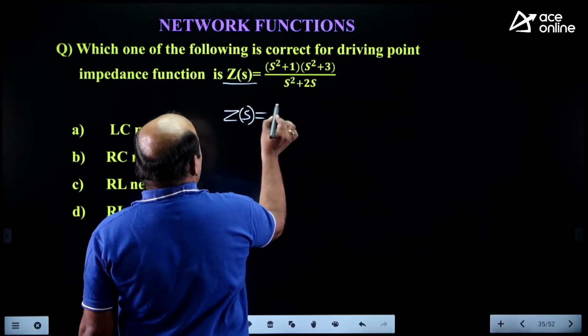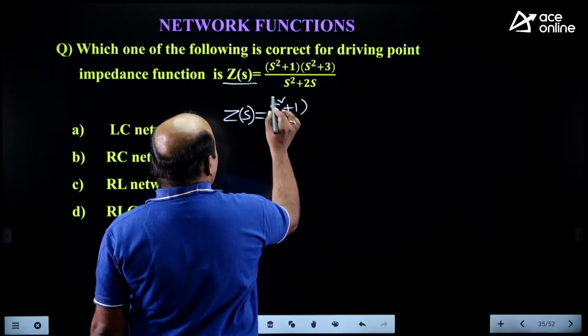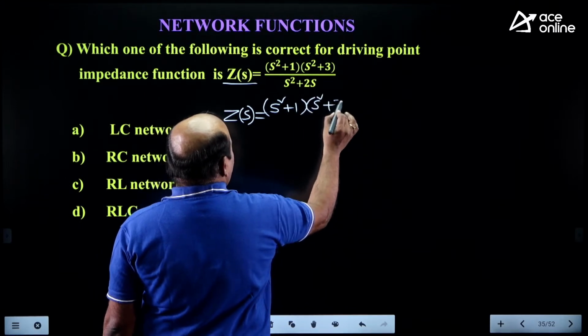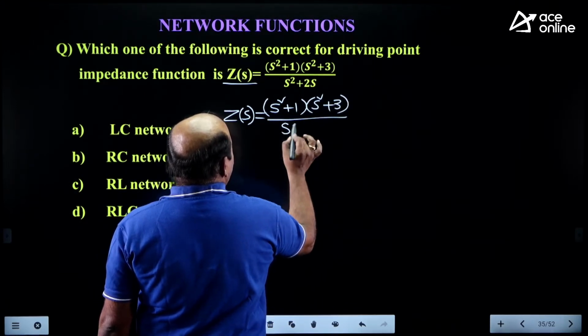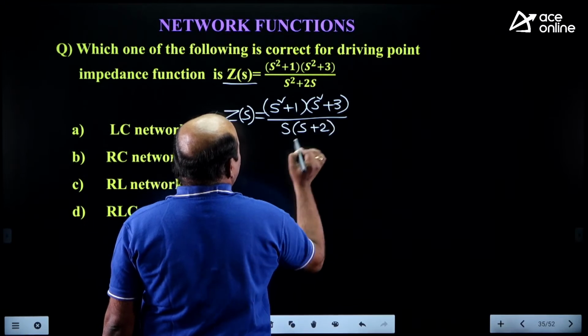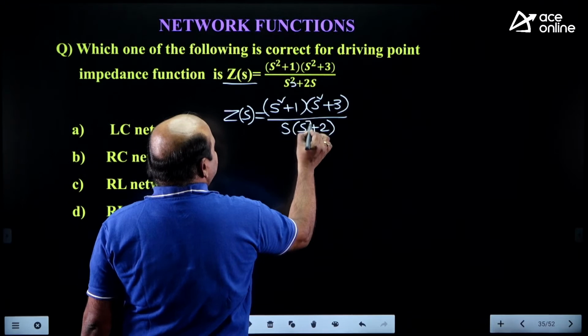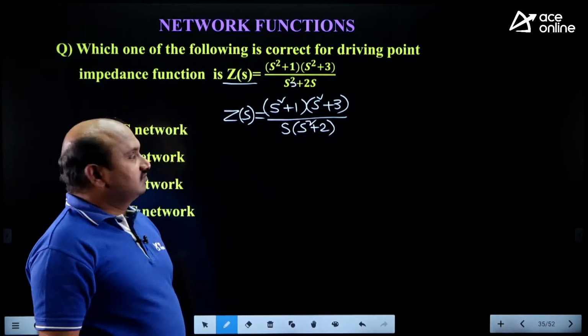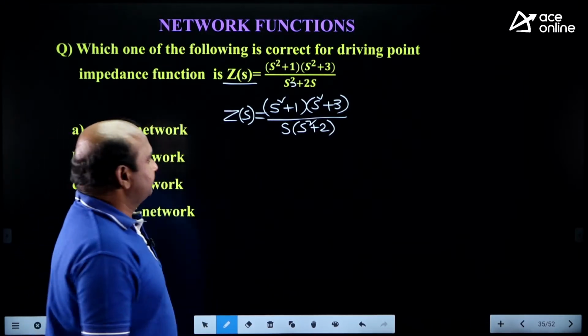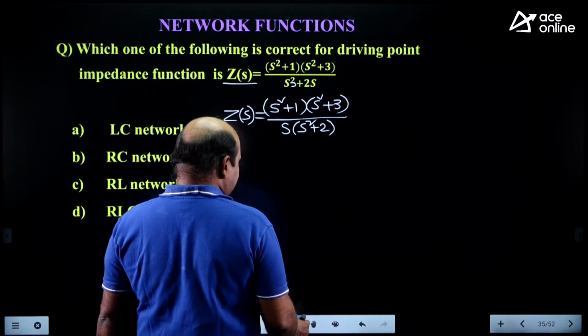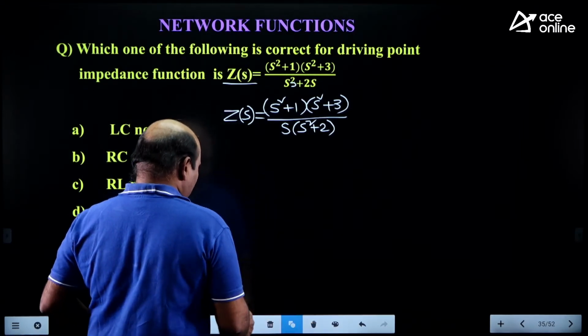First take this one: (s square plus 1)(s square plus 3) by s into (s square plus 2). Is it right? This is s cube, I think: s cube plus 2s. Now from this, I will consider what are the poles and zeros.